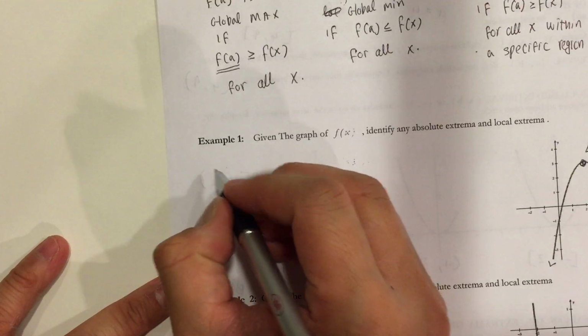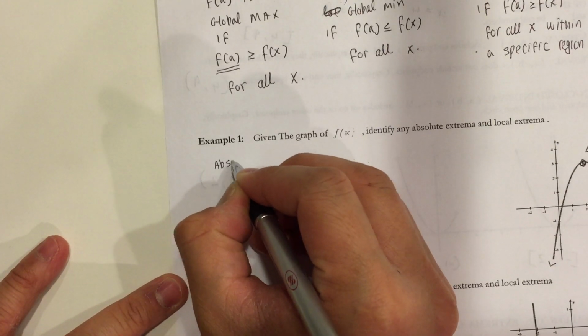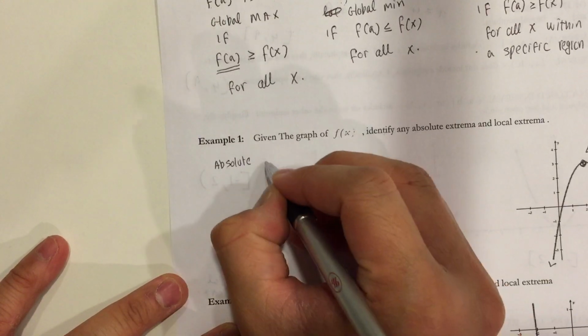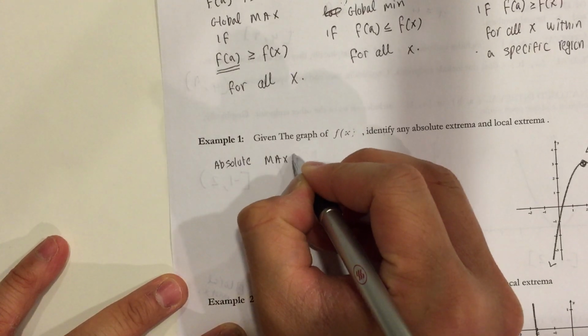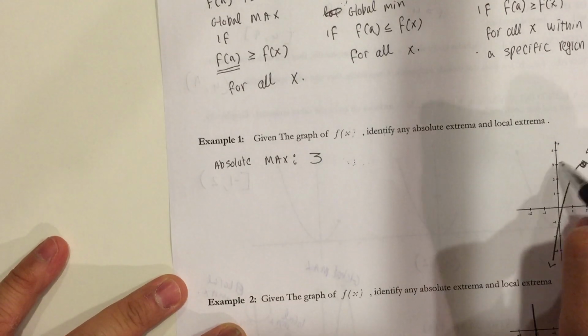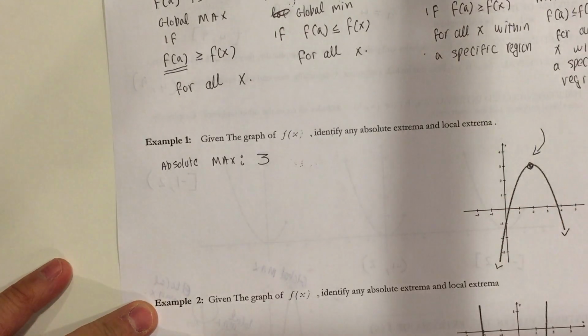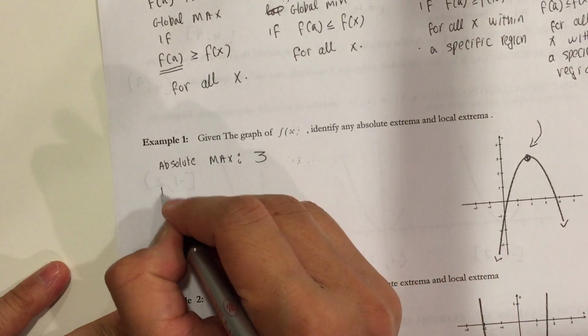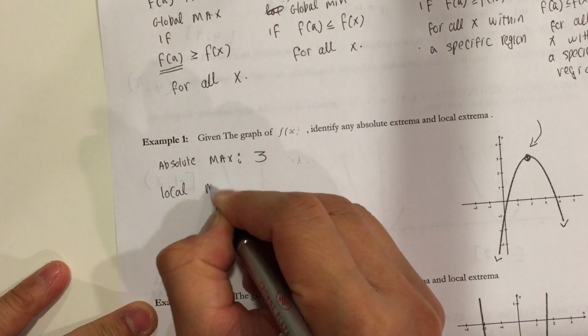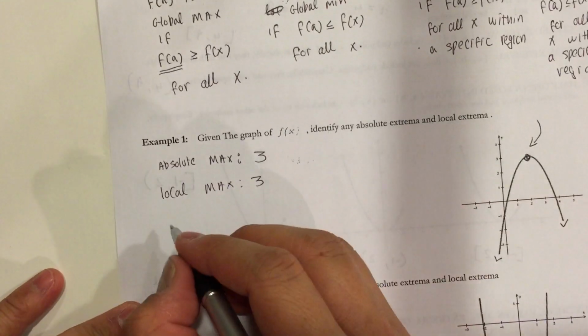So the absolute maximum is going to be 3. It's always the y value, okay? Absolute max is going to be 3. Local max, it's also 3.